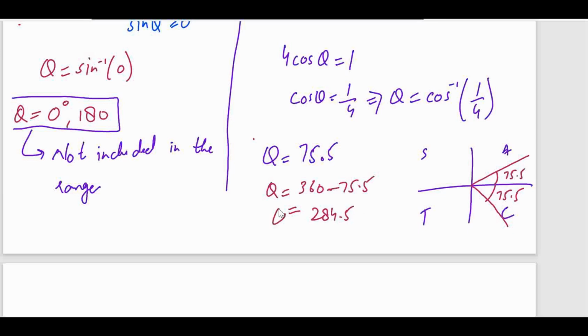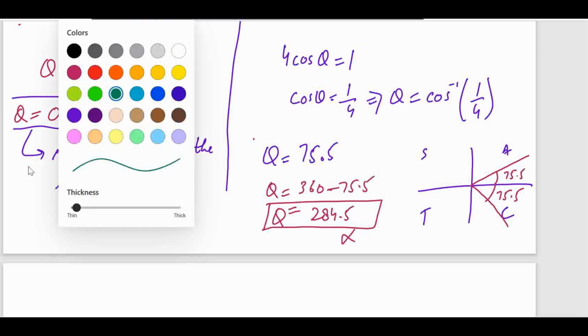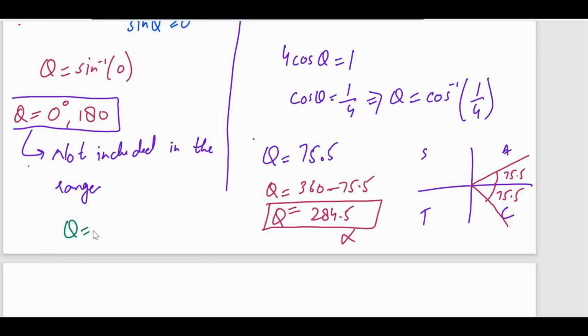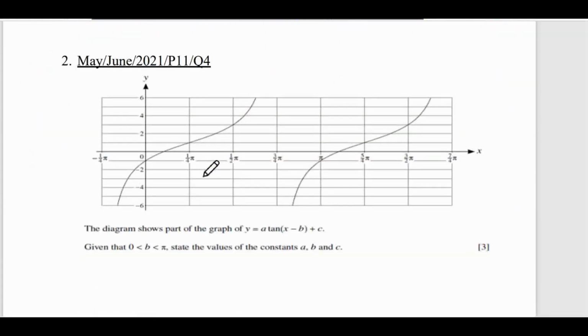As we can see that this one is again out of the range, so we will not consider this one. So the final answer for this case will be theta is equals to 75.5. This will be the final answer. I hope that the concept is clear. Let's move to the next question.